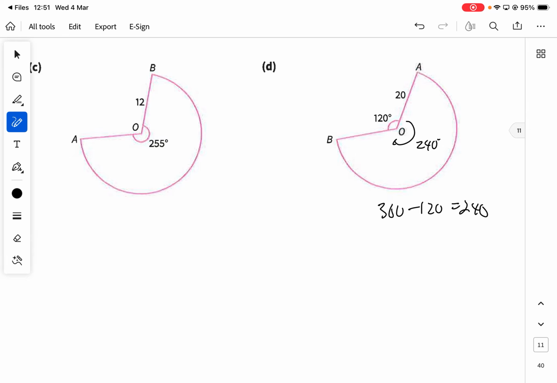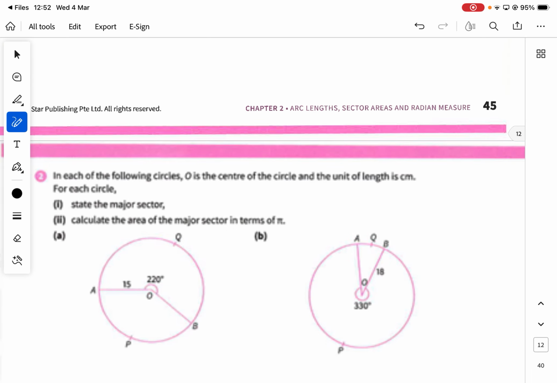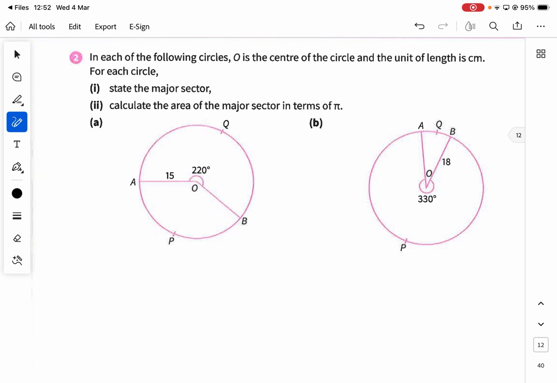So the major sector, they want you to name it. Because if I just say A and B, it can be small piece also A and B. Then big piece also A and B. So when we want the major sector, they actually want you to include this Q. So A, Q, B. Then it's very clear.